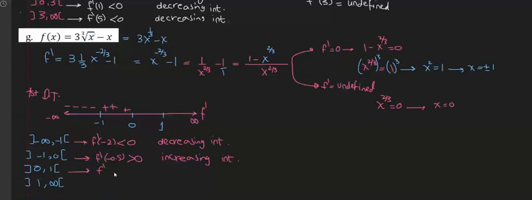Finally, before the last interval from 0 to 1, let's pick 0.5, and at 0.5 the function is going to be increasing as well. So we are going to have an increasing interval, and then the f dash at any point after the 1 will give us negative f dash.